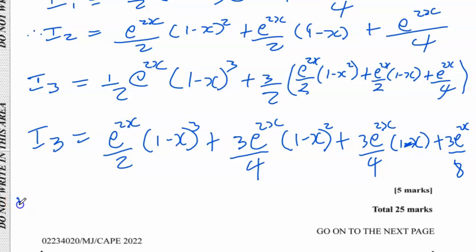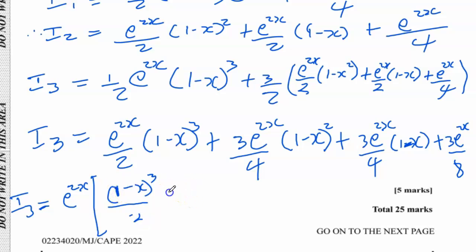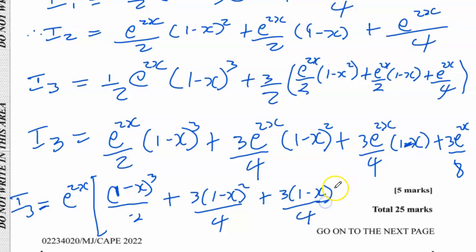So I can rewrite it. I can factor out e to the 2x. In the bracket, I'll have (1 minus x cubed) over 2, plus 3 into (1 minus x squared) over 4, plus 3 into (1 minus x) over 4, plus 3/8.